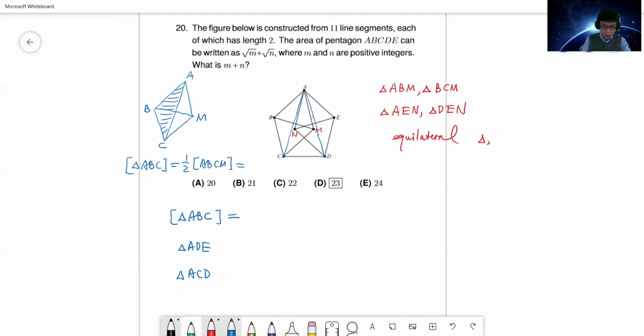This is equivalent to one equilateral triangle. And for this area, we have the formula √3 divided by 4 times the side length squared. The side length is 2. This area equals √3. Similarly, triangle ADE is equivalent to triangle ABC in area. It's also √3. So finally, let's consider triangle ACD.